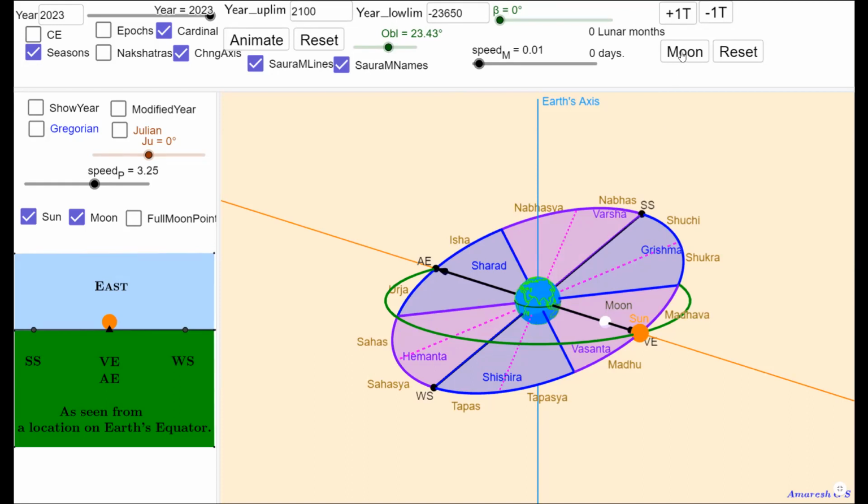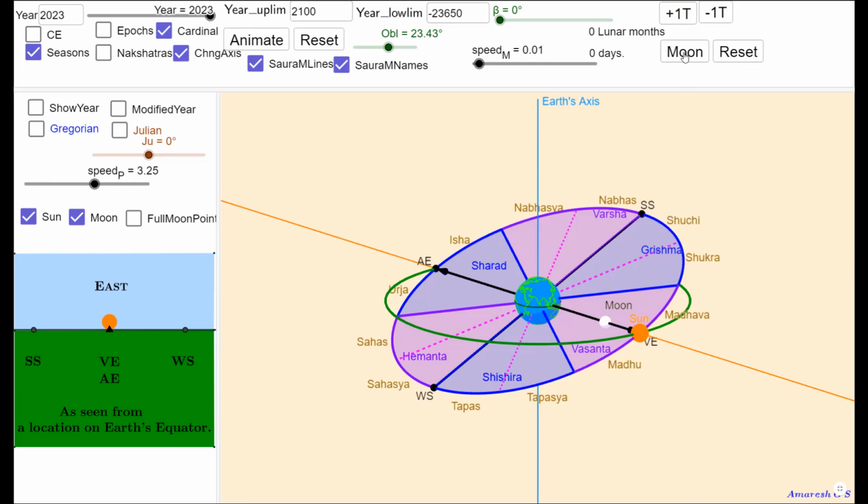Amanta system, or Amavasya to Amavasya. So let's do that. We will now understand what is that gap of 11 days between the lunar year and the solar year. So we are starting here with a fresh new solar year and a fresh new lunar year. Okay, so let's begin.